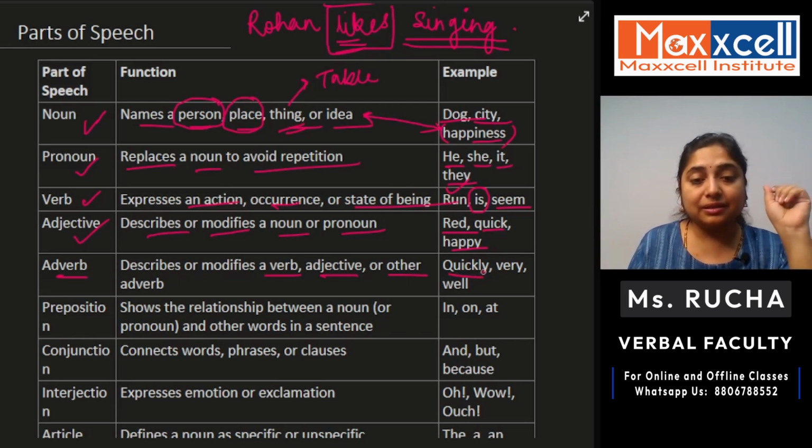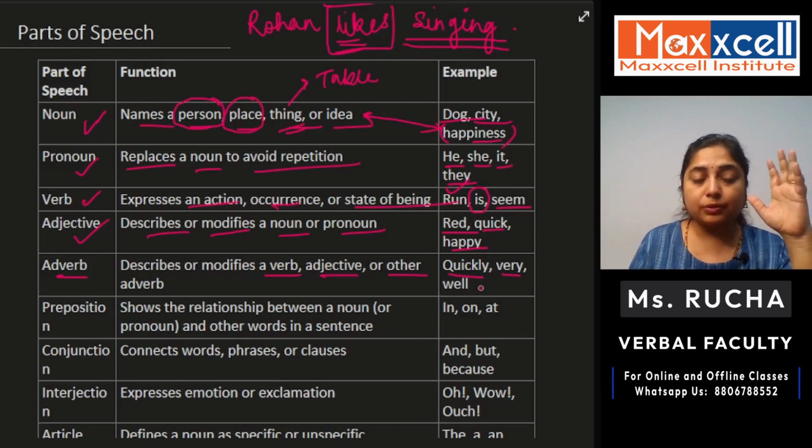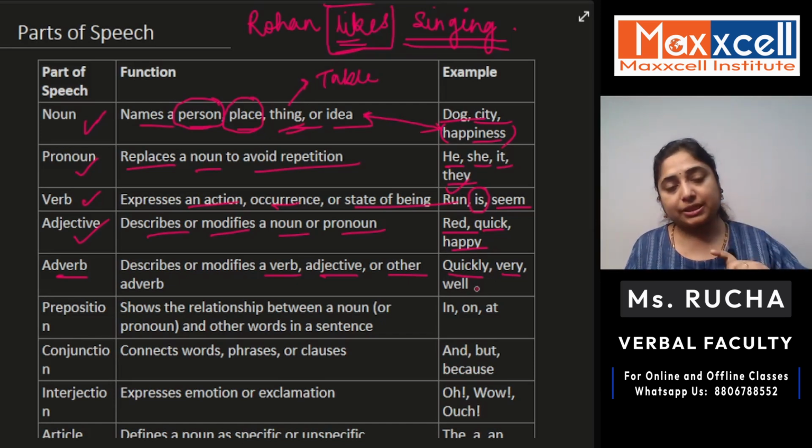That's the reason this will be called as an adverb. Very. She is very beautiful. Beautiful is what? An adjective. But very is modifying the adjective, and that is the reason it is an adverb. Okay, so this is how you have to understand the difference between adjective and adverb.